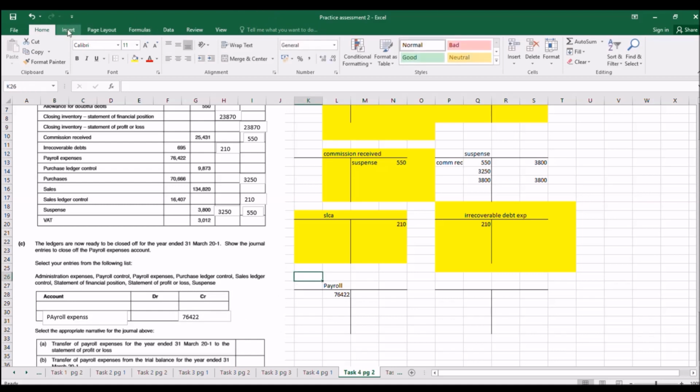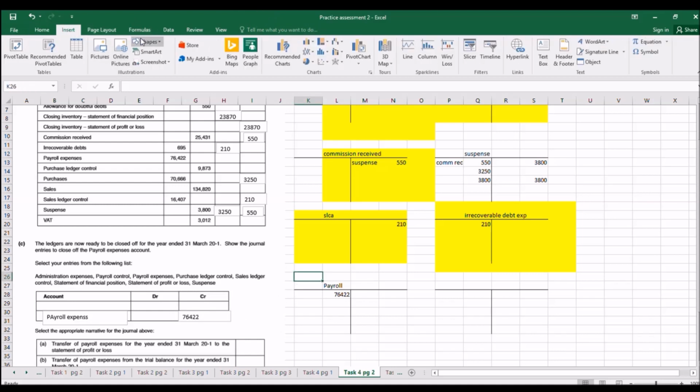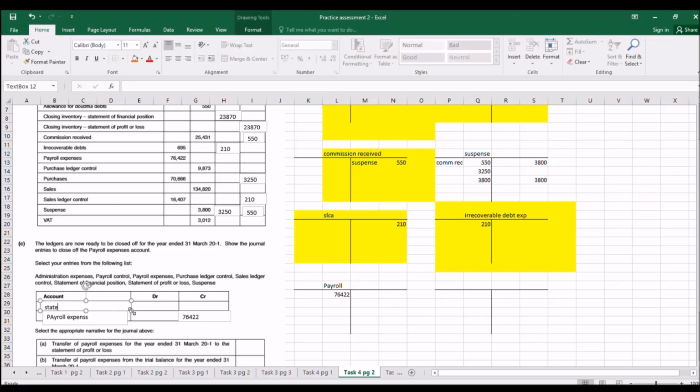And what we're going to do is we're going to be debiting the statement of profit and loss. Let's see whether that's an option. There it is, statement of profit and loss, that one there. Statement of profit and loss with that 76422.